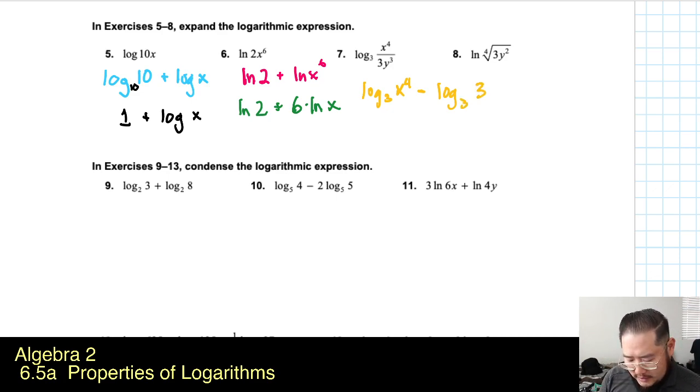So we've got several things that we now have to worry about. First off, we used the quotient property, and now from here, let's use this power property to help us simplify things some more. All right. So what can we do next?